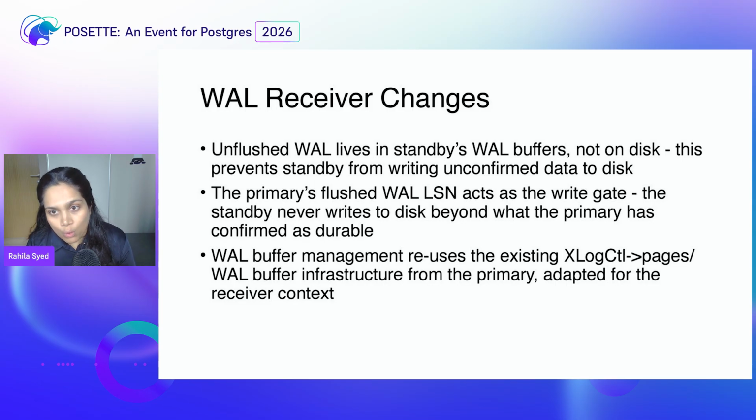The unflushed wal lives in standby buffers and not on disk. So with these changes, the unflushed wal will live in the standby buffers, and it can't be written directly to disk. And when the primary's flushed LSN advances, the standby will then go ahead and write the wal records from buffer to disk.